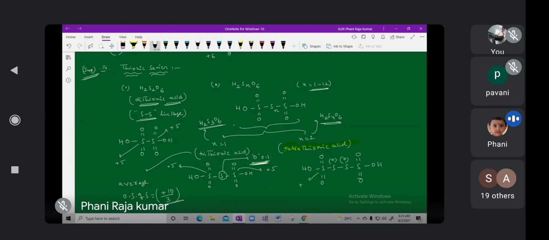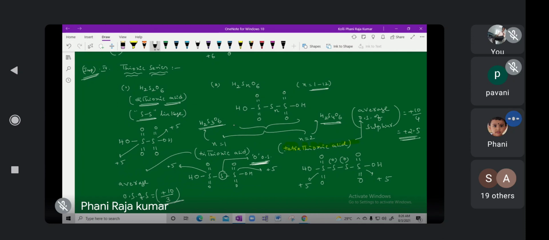Left hand side +5, right hand side +5. In this tetrathionic acid, average oxidation state of sulfur is equal to +10/4, that is +2.5 average oxidation state.